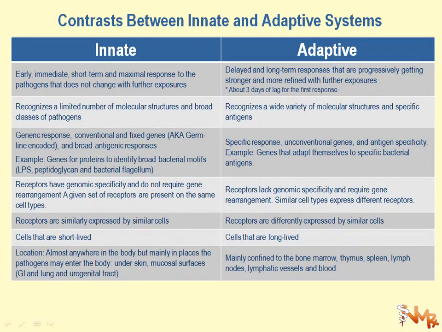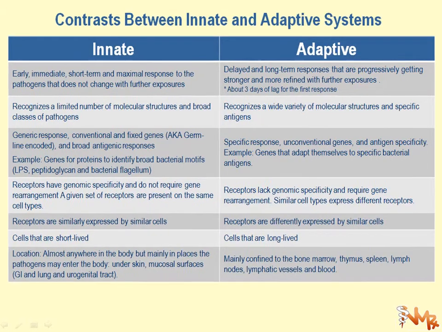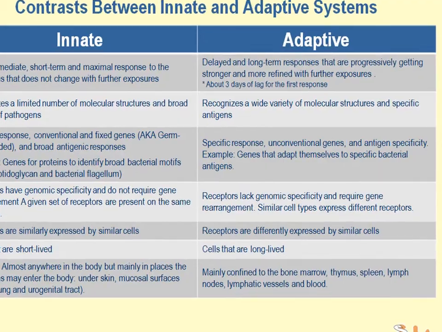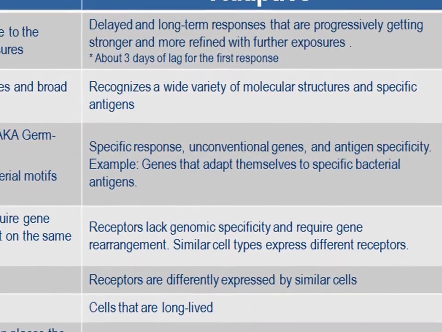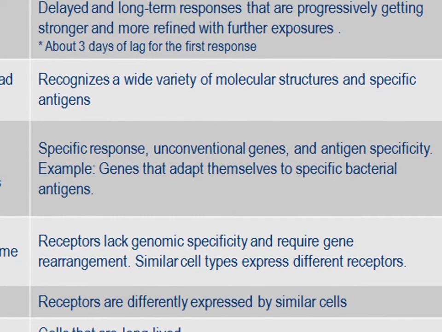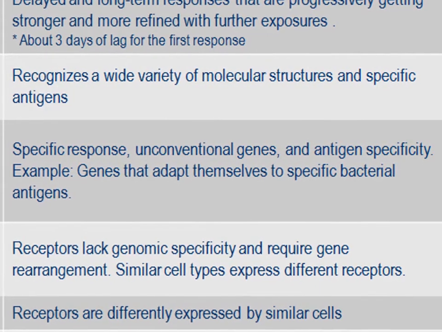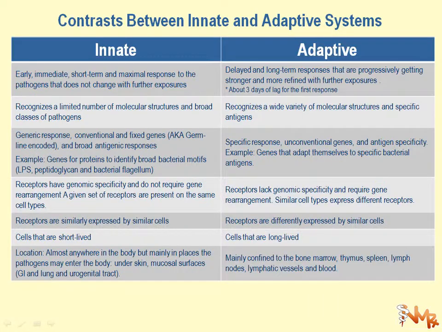In contrast, the adaptive system provides for a specific response. It has unconventional genes. It has antigenic specificity. For example, it has genes that adapt themselves to specific bacterial antigens on a specific, let's say, gram-negative bacteria, such as Klebsiella.